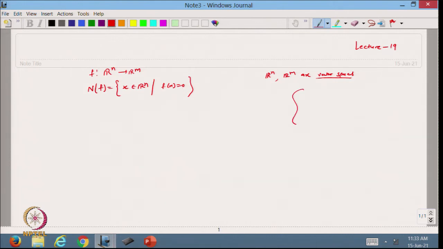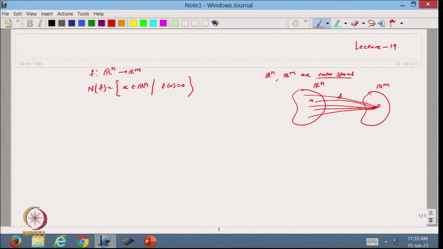So maybe this is my Rn, this is my Rm, and I define a linear function f. Maybe this is my 0 element. I will take this element x1, then x2 is also going, x3 is also going, this element is also going to the same element 0.